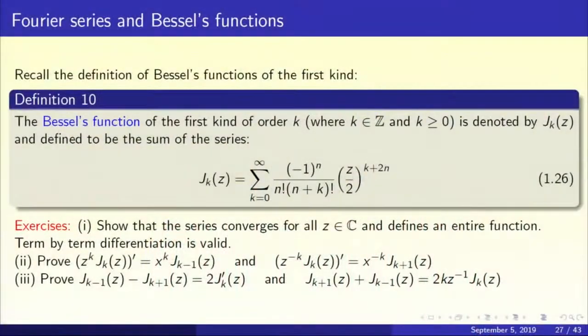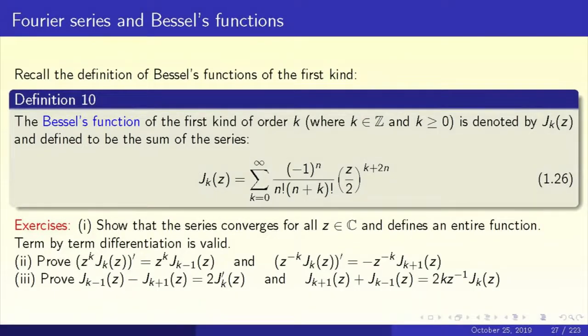And one more example of an entire function are these functions J_k(z), the Bessel's functions of the first kind of order k. Here are some exercises. Show that the series converges for all z. I already indicated you must use the ratio test. A power series can be differentiated term by term inside the disk of convergence.